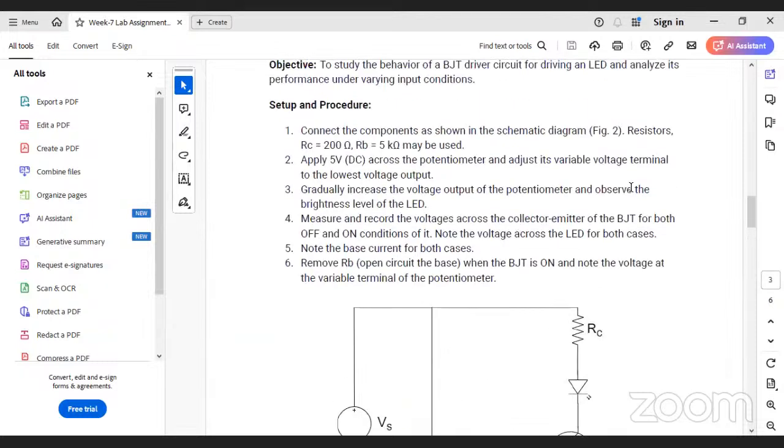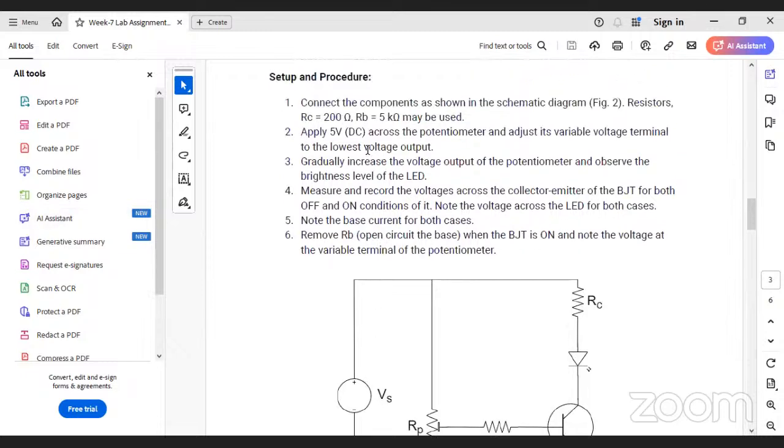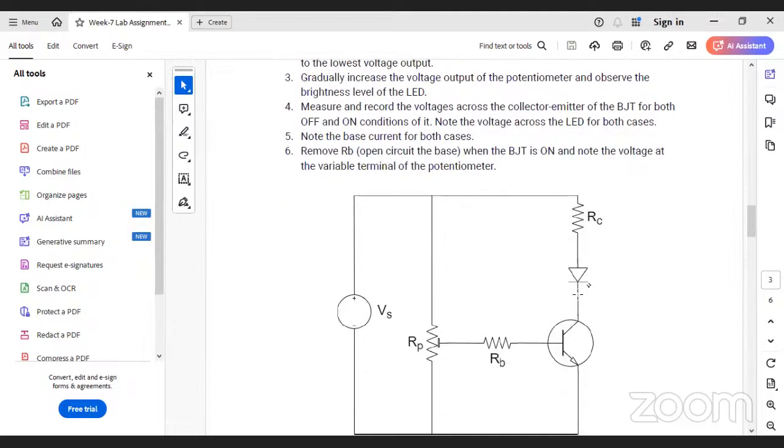Connect the components as given, that is RC equals 200 ohm and RB equals 5 kilo ohm. Apply 5 volt DC across the potentiometer, and adjust its variable voltage terminal to the lowest voltage output. That means you have to decrease the voltage terminal to its lowest, when the voltage output is 0.